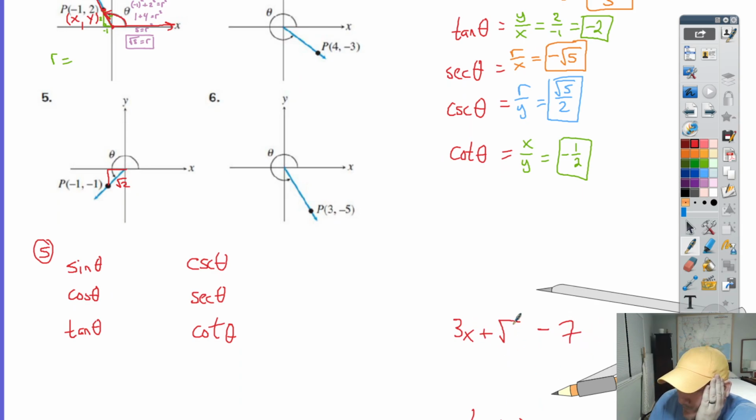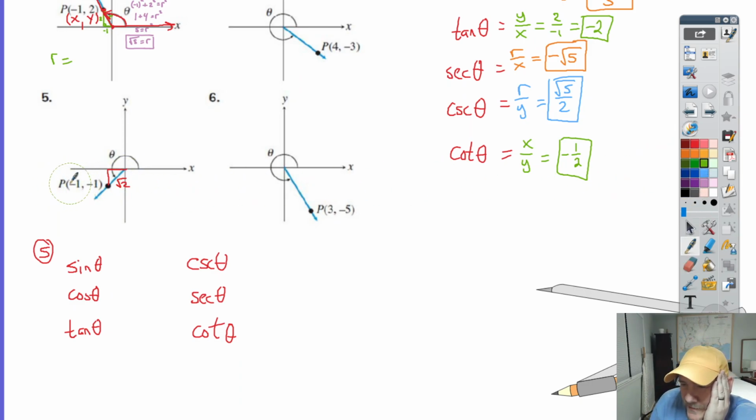Like, how awful does that feel to just see a radical with nothing under it? It makes no sense. Well, writing tangent where tangent's not evaluating anything, that makes no sense either. You can't just leave the theta off of it. You have to actually write it. Otherwise it looks like abject nonsense. So hear me on that. That's important.